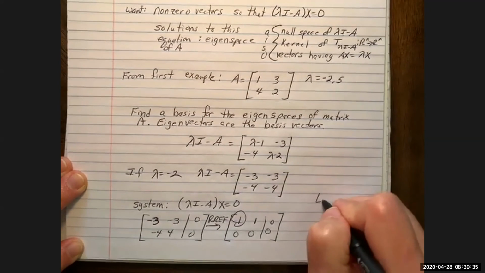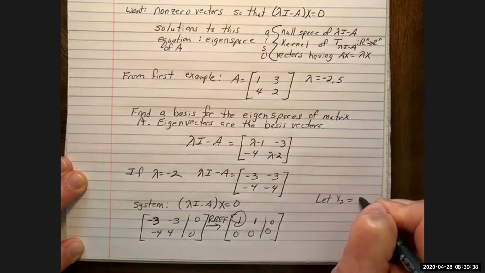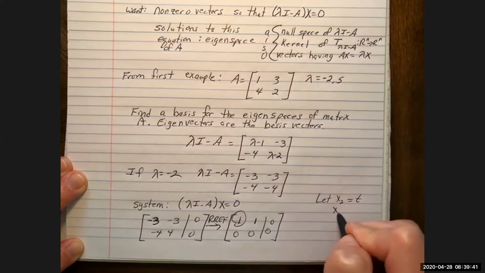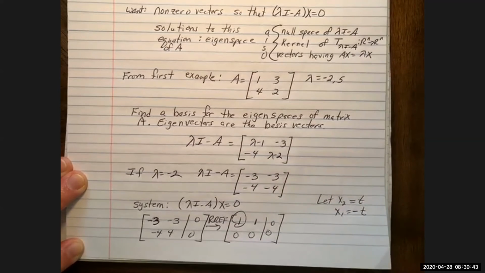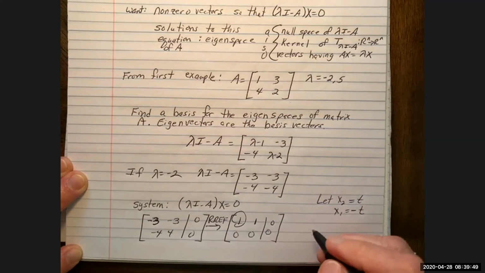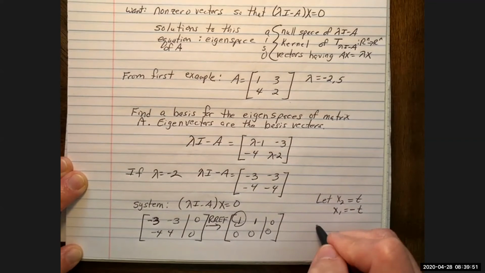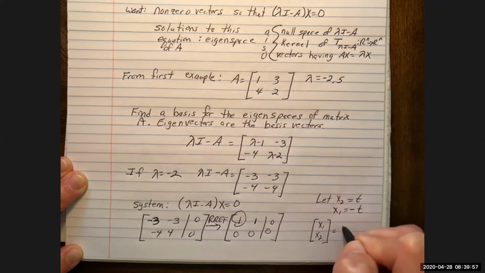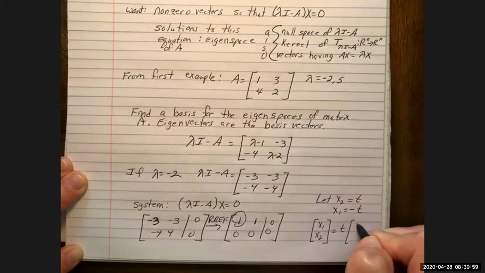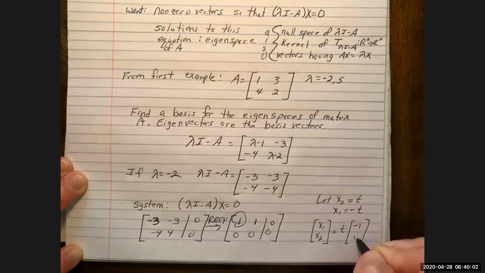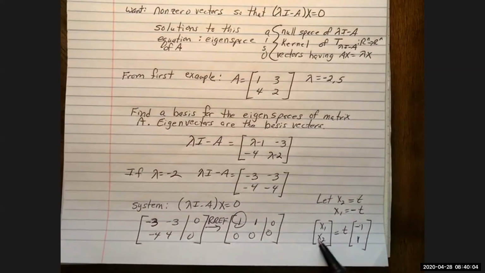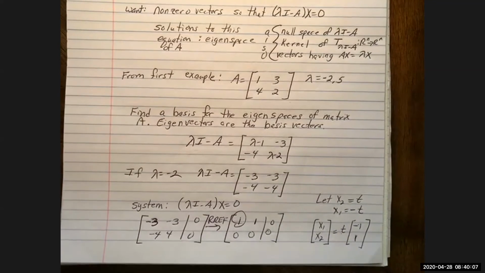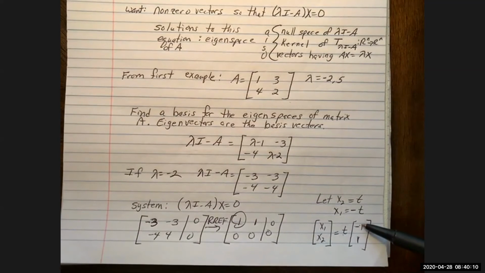So I'm going to let x2 equal t, and x1 will be -t. Then x1, x2 is t times -1, 1. We have our system written as a linear combination of basis vectors, and that means that our eigenvector is -1, 1.